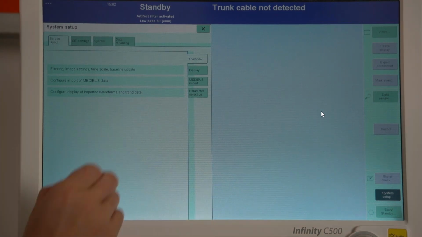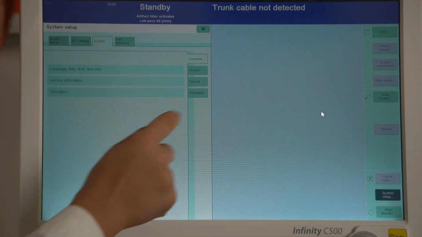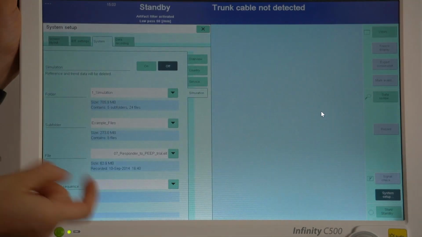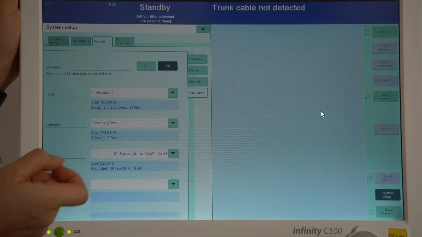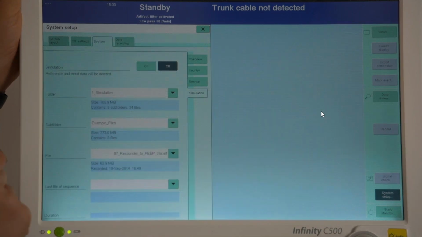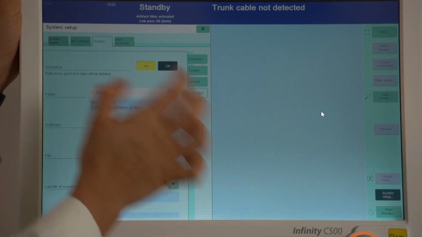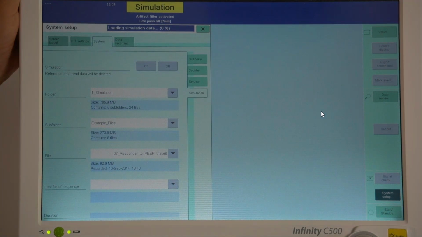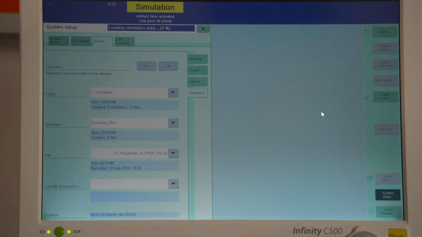Let's have a look. Okay, so we go into the simulation, and we see here we are loading the responder to the PEEP trial. So we can start. It will take some time to load the simulation data. It takes just a few seconds, and then we will be able to start with the simulation.